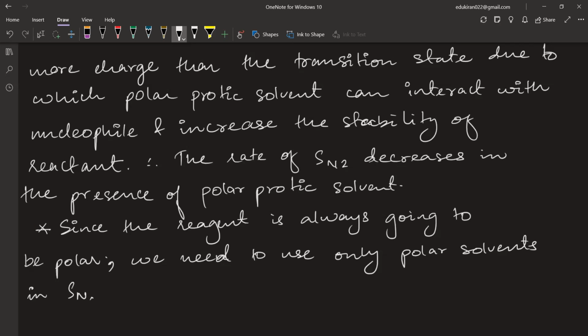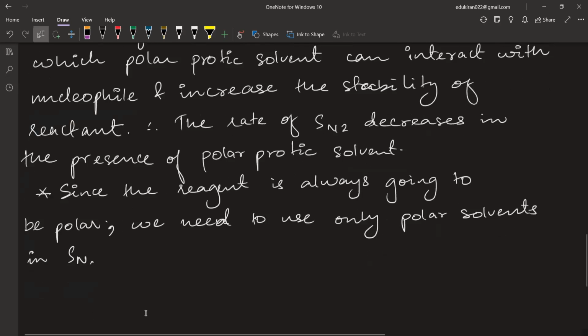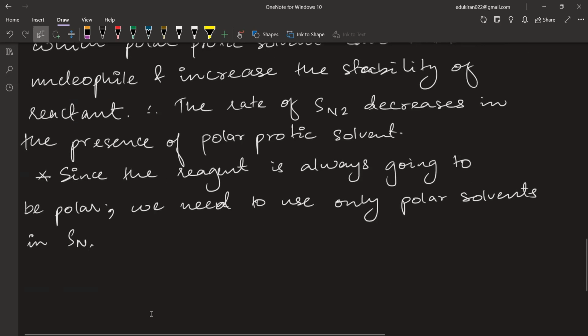Okay, in SN, what do we need? We need only polar solvent. Now, out of the polar, we have two options, polar protic or polar aprotic.